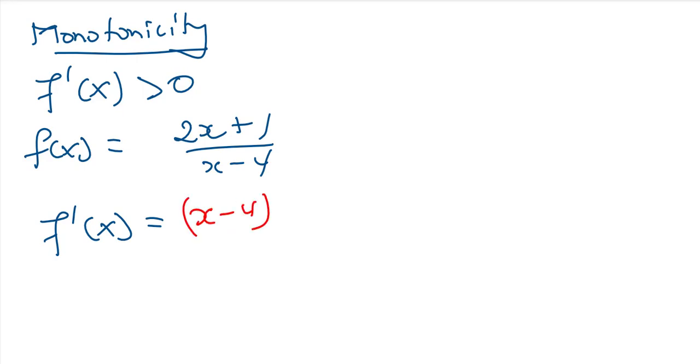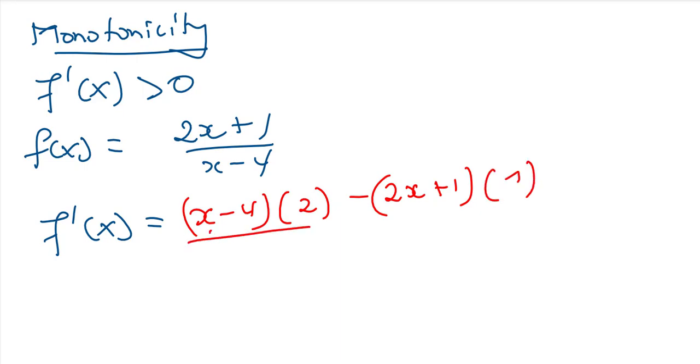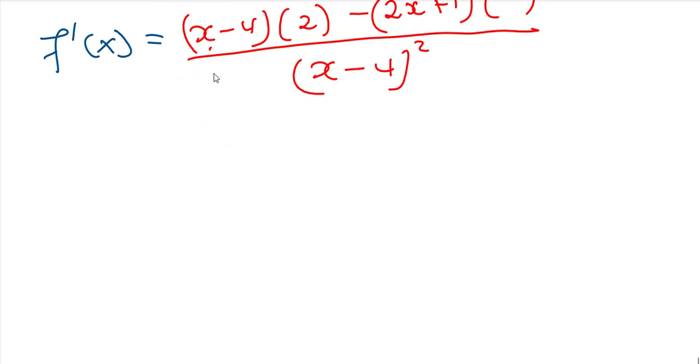We differentiate the top. When you differentiate 2x, you have 2. Differentiate 1, you have 0. Minus top constant, 2x plus 1. We differentiate the bottom. We have 1. All of this divided by x minus 4, all of that squared. So let's simplify.